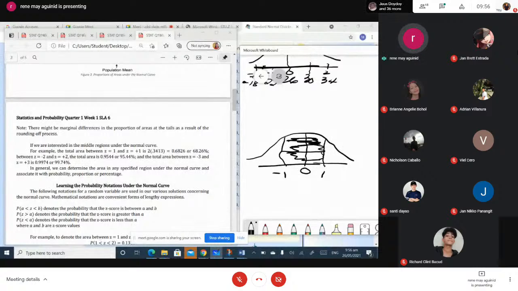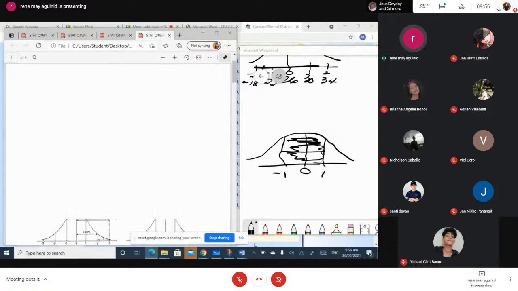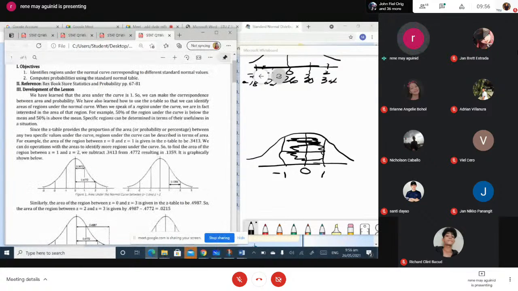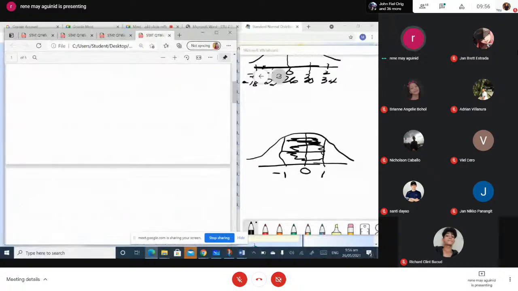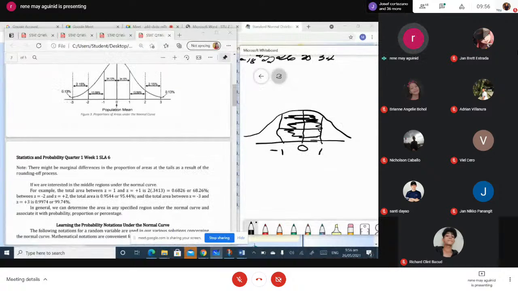Given that the area from 0 to 1 base ani, ang 0 to 1 is 0.3413. So kanin siya is from here up to here. Kani po sa pipas, pareho rin gyapon na 0.3413 kay gikan mo siya sa 0.